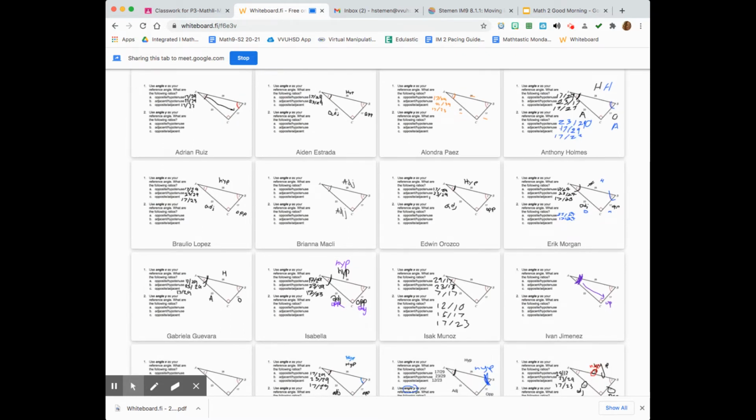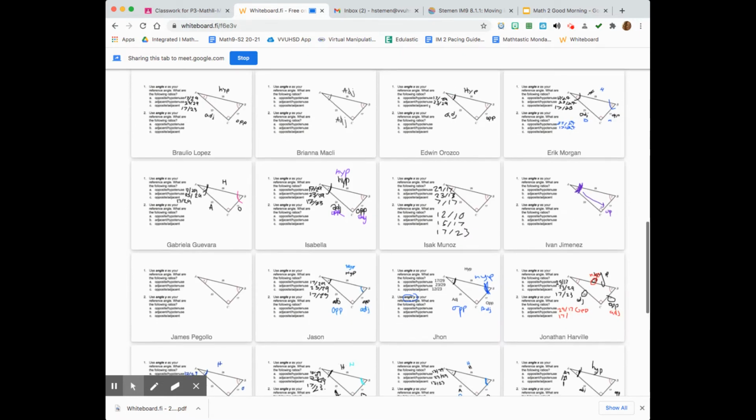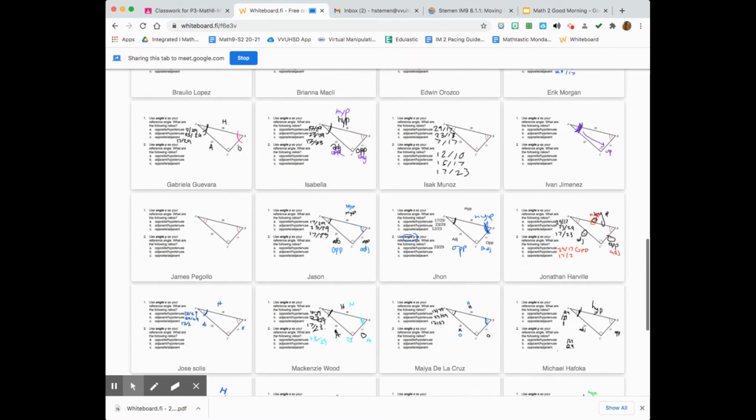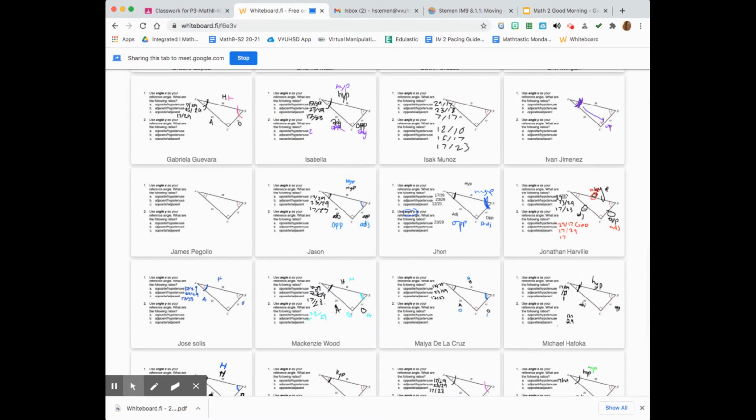Be careful, the hypotenuse is always the longest side. So make sure you don't have it labeled incorrectly.